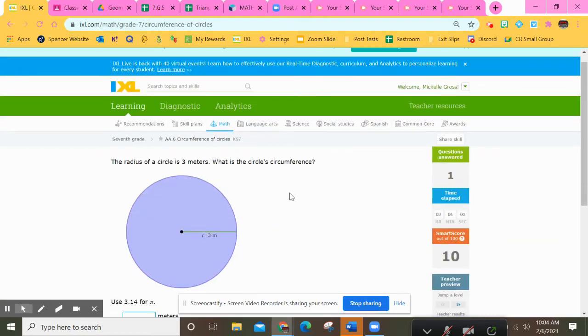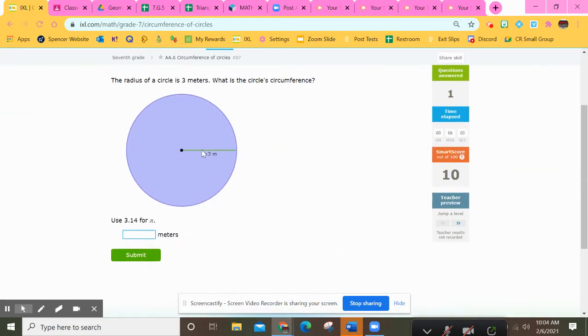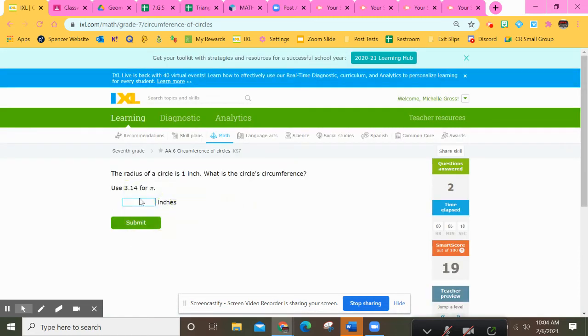And we got that one right. Now we're given the radius, and remember, we want the distance across. We want the whole thing, so we're going to double that. So 3 times 2, which is 6. Then we're going to do 6 times 3.14, and that's 18.84. And this one, there's no picture here, but you see that it's the radius, and remember, we want the diameter.